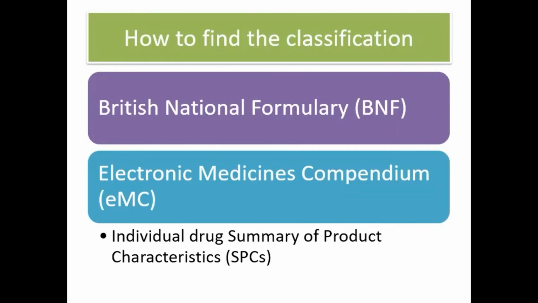In terms of identifying the classification, the BNF gives you an indication of a medicinal product's legal classification, and you can also use the electronic medicines compendium, the EMC, which we keep saying to use in your PAMS sessions. You can get the summary of product characteristics or the information leaflet, and at the top it very clearly indicates the legal classification of a medicine.